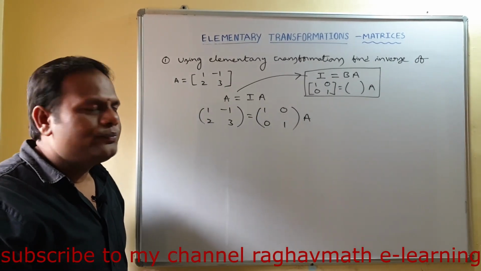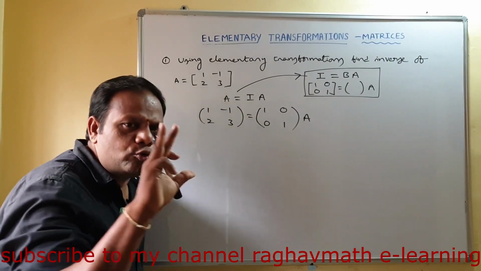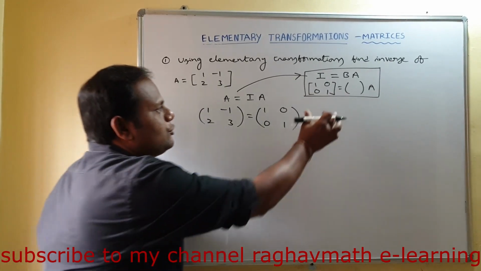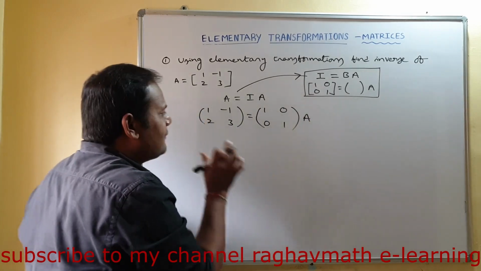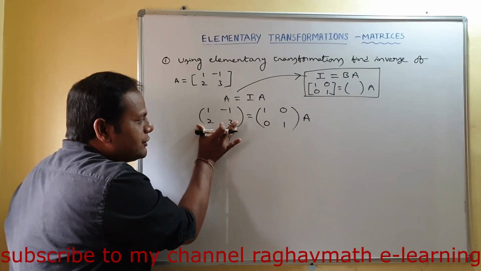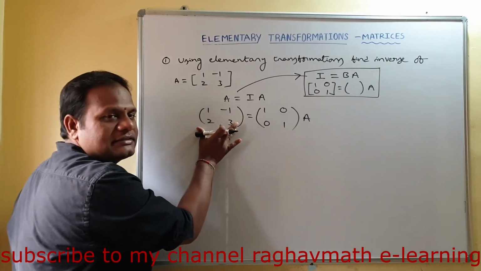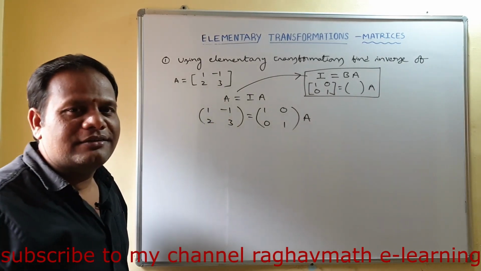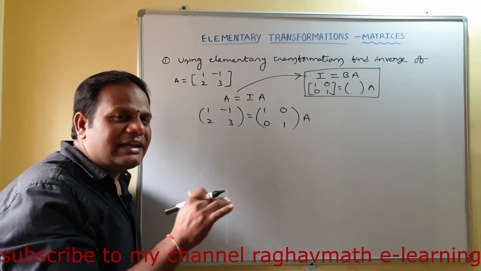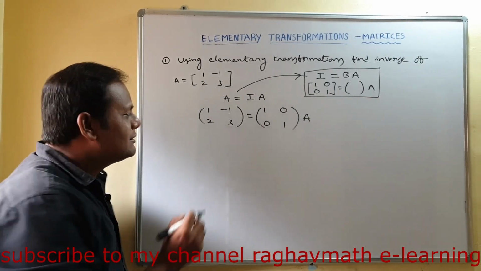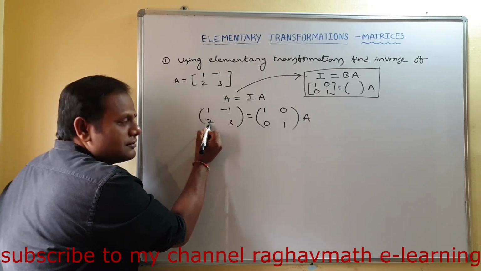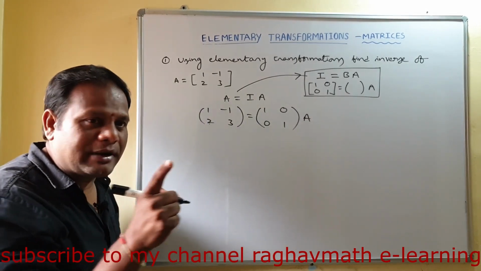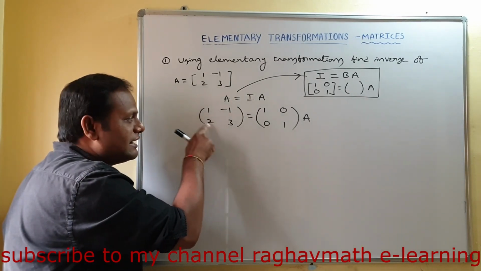Now you see that our target is reducing this equation into this form. Listen carefully. Here we have only two major steps to obtain this form. On the left-hand side, you have to change this matrix into the identity matrix. In the identity matrix, in this place there is 0.